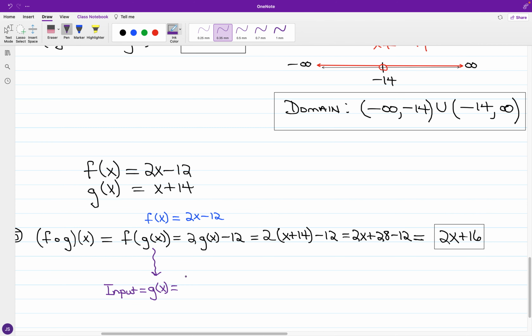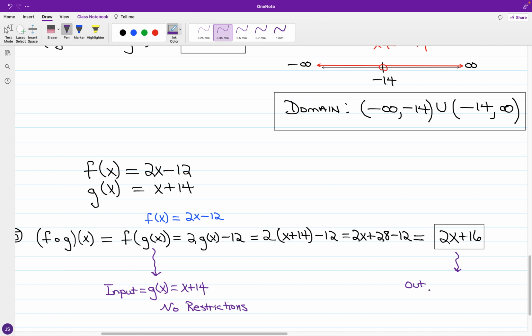So the input is equal to g of x, which is x plus 14. Again, the input has no restrictions. And with the output, you got 2x plus 16.